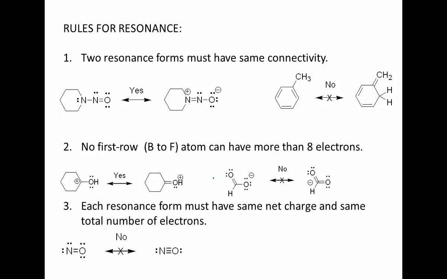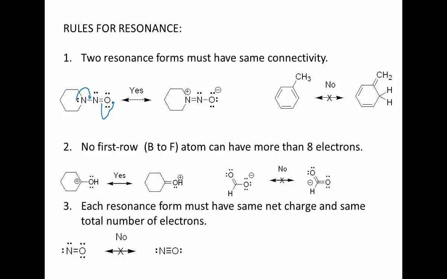And so in these next few slides I'd like to summarize the rules for resonance, and then we're going to look at how to decide between two resonance forms, which is the better resonance form. Okay, issue number 1. Two resonance forms must have the same connectivity. On this compound on the left, we can move the electrons like so.